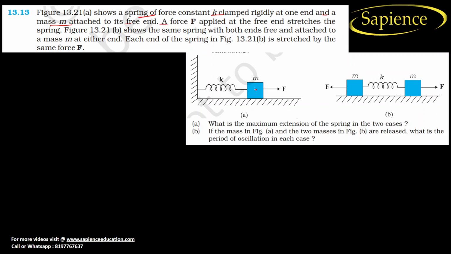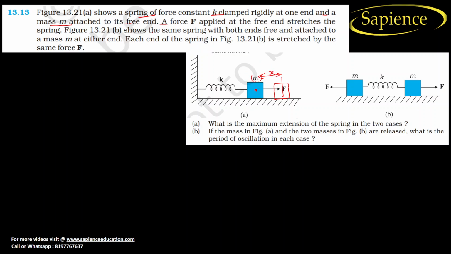A force F is applied at the free end and stretches the spring, as shown in the figure. If F is applied, this body will get displaced by a distance x.